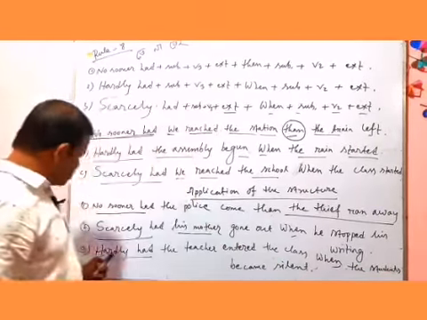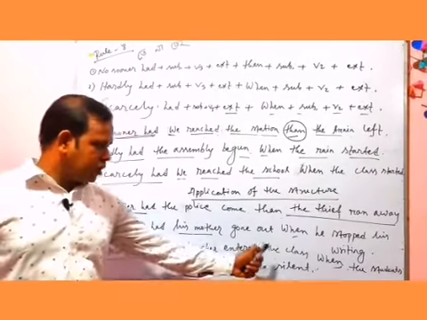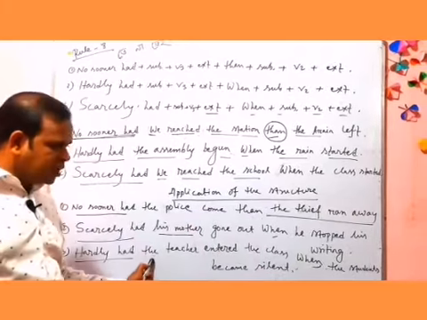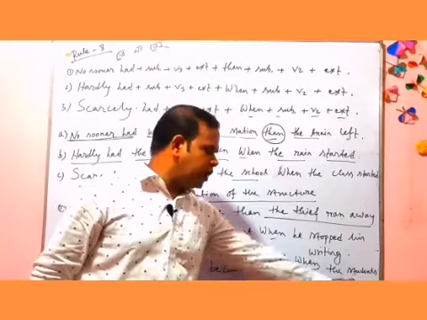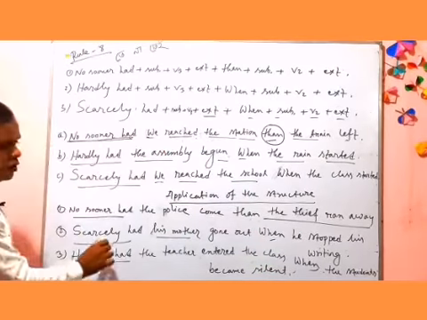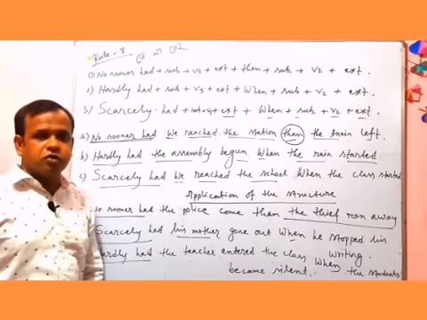That means when one event happens in this sentence, another event happens immediately or quickly. At that time we use this rule. This rule is very important for you.